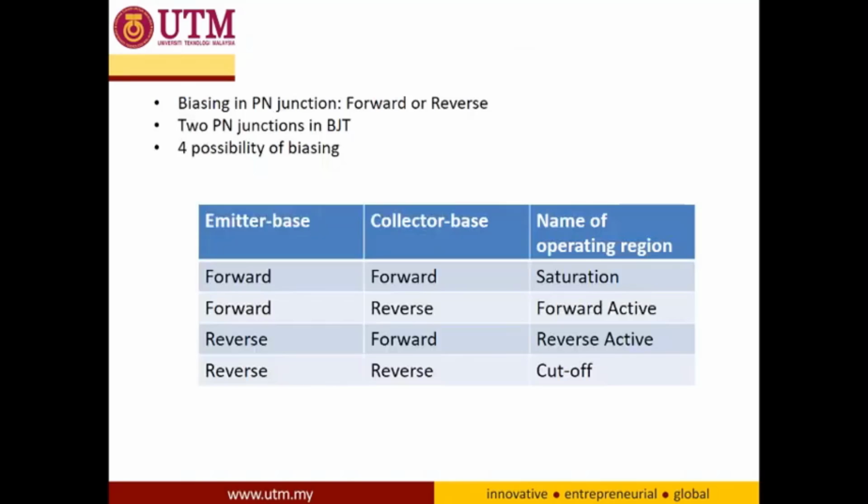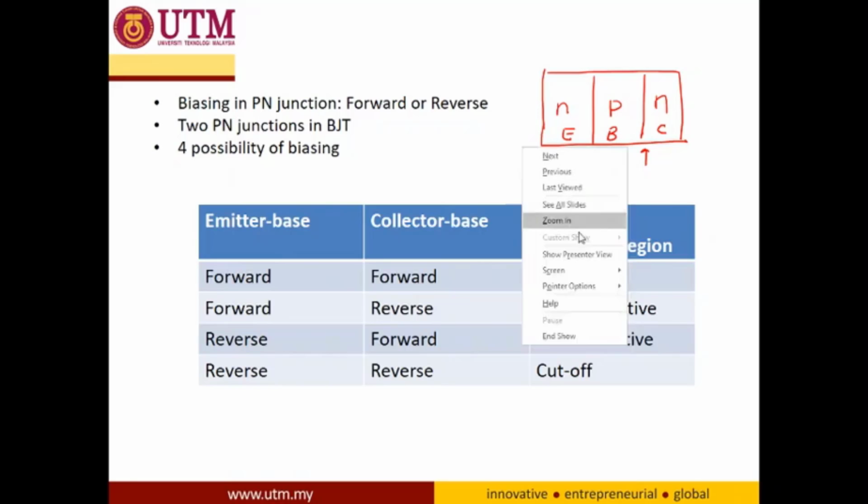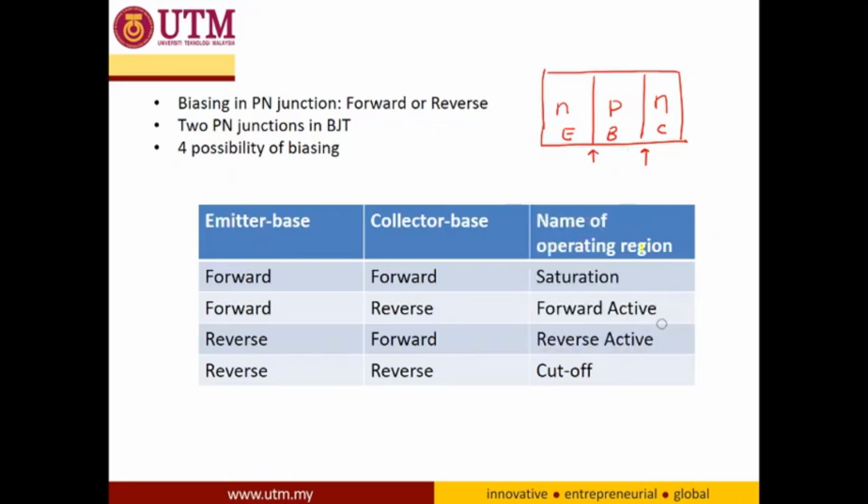Okay, so in a BJT, let's discuss NPN. This is N, P in the middle, and N. The middle is the base, and then this is the emitter and this is the collector. Here you can see we have two junctions.